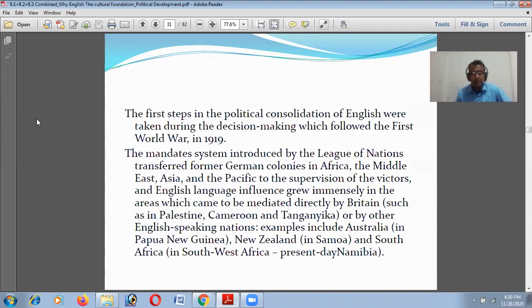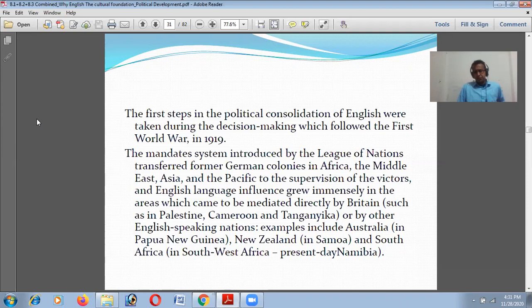It transferred former German colonies in Africa, the Middle East, Asia, and the Pacific to the supervision of the victors, and English language influence grew immensely in the areas which came to be mediated directly by Britain, such as Palestine, Cameroon, Tanganyika, and by other English-speaking nations.